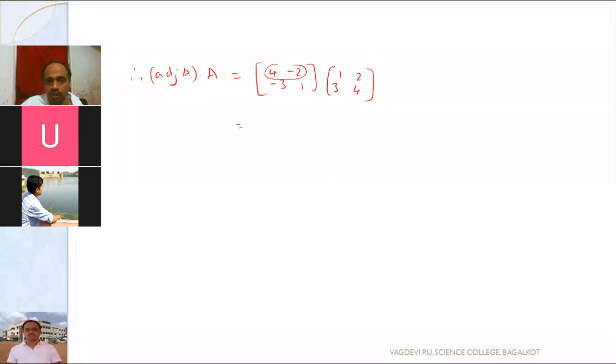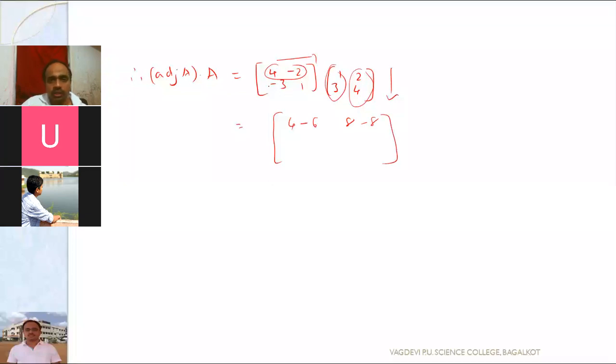First row into first column, same row into column. We know this; we have done so many problems. What is the first number? 4, and here the first number is 1. 4 into 1 is 4. Second number is minus 2, and here the second number is 3, so minus 2 into 3 is minus 6. Next, first row into second column: 4 into 2 is 8, minus 2 into 4 is minus 8.